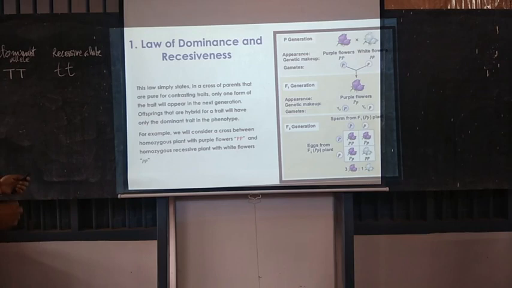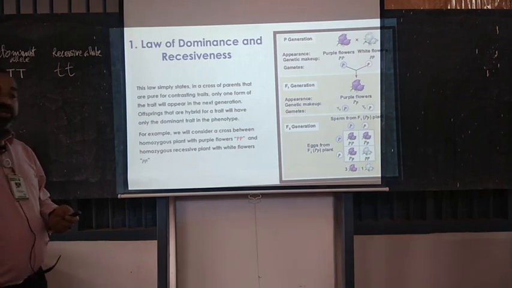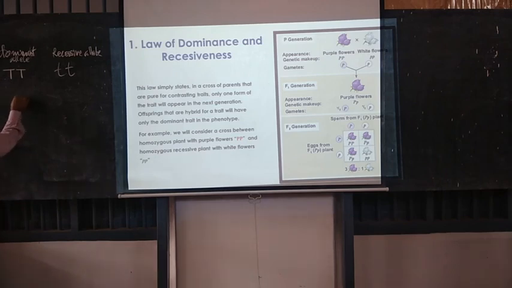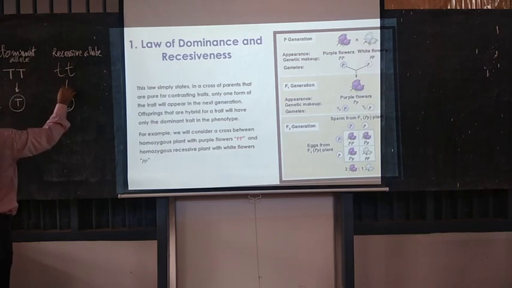And during gametogenesis, these will produce a single type of gamete, capital T and small t. Here it will undergo reduction division or meiosis.